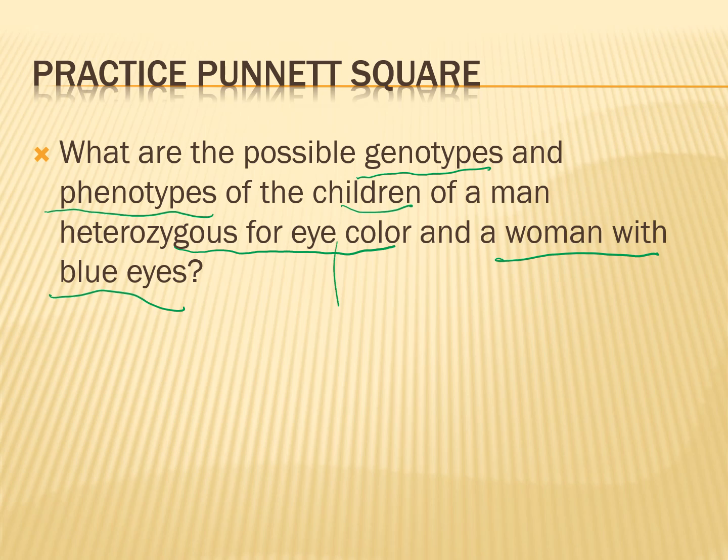So a man heterozygous, what would be his genotype? It would be big B, little b, right? And a woman with blue eyes would have to be little b, little b. So you want to do a cross with big B, little b, crossed with little b, little b. So take a minute and try doing that. I'm going to keep going with the PowerPoint because I run out of time with it eventually.